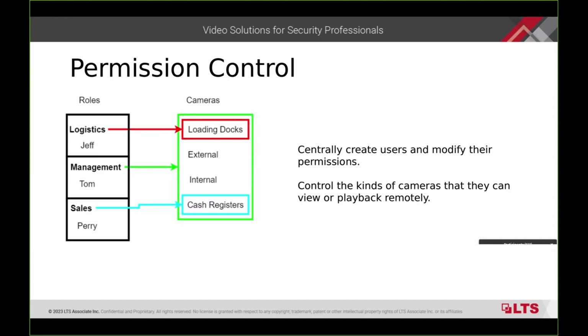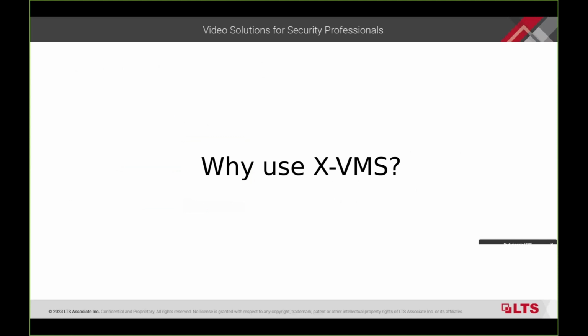Whereas for logistics, Jeff is only going to have access to cameras for the loading docks, and myself as sales, I'm going to have access to cash registers or something along those lines. And those abilities to access and see those specific cameras are going to carry onto that specific person. And you're going to see why that becomes important not too long from now.